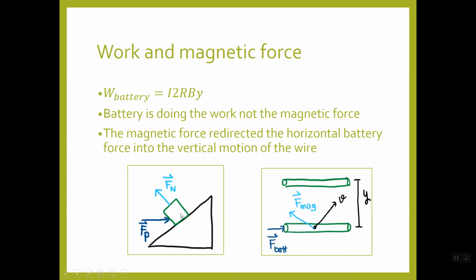This is analogous to a box on a ramp: the normal force is always perpendicular to the surface, so there's no work done by the normal force. But if we push the box with a horizontal force, the normal force helps redirect that horizontal force into vertical motion of the box. That's an analogy to what's happening here with our magnetic force and the force of our battery in this wire.